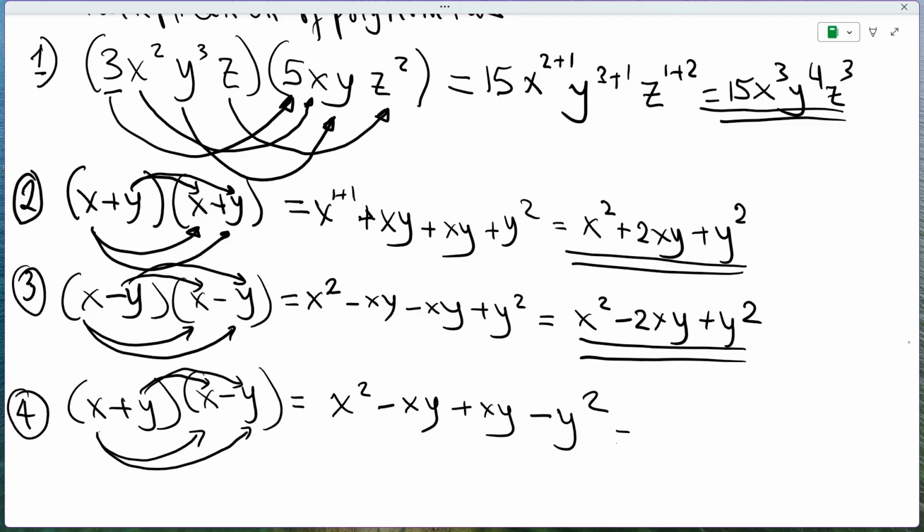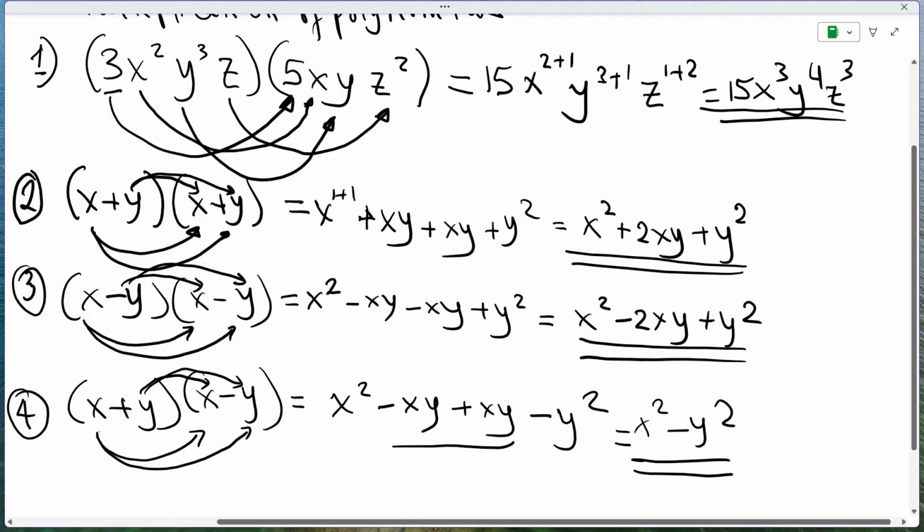And this can further be simplified as x squared, minus xy plus xy will give us 0. And then finally here we have minus y squared. And this will be our final answer.